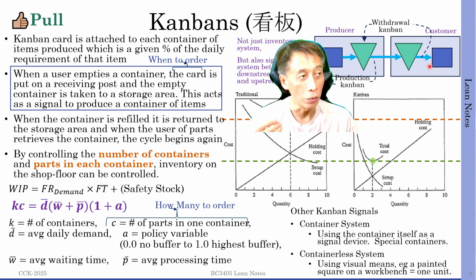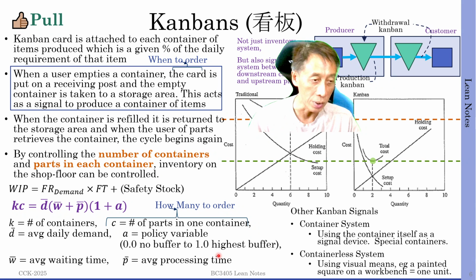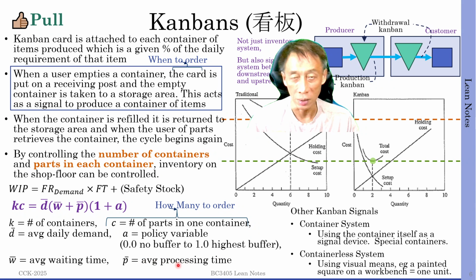Plus, every single flow unit will go through the processing. Some a bit longer, some a bit shorter. So average processing time. And that would mean the time it takes for any particular flow unit to wait roughly on a W bar minutes basis or seconds basis, and roughly on a P bar processing time basis, right, to come out from the processing system.